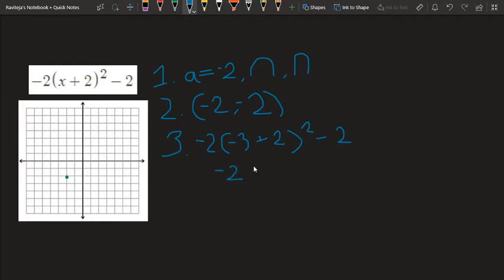So then we'd have -2 times 1 minus 2. So that would just be -2 times +1, which is just -2. So we'd have -2 minus 2, which is just -4. So that means at x equals -3, our point would be -3, -4.